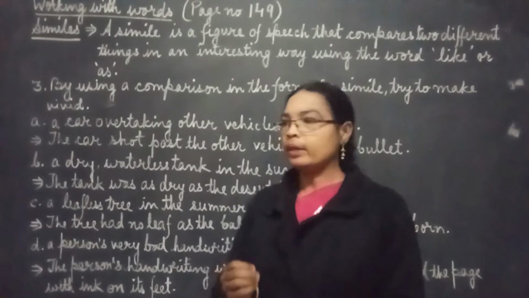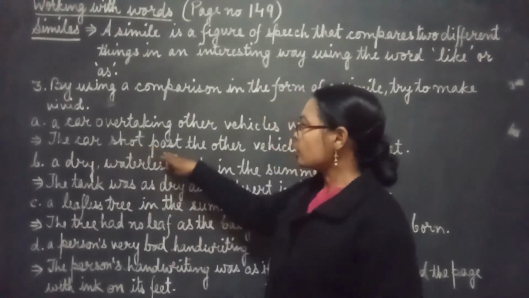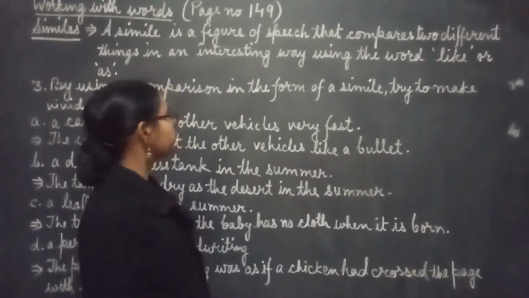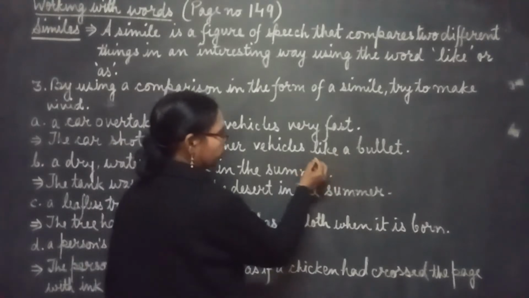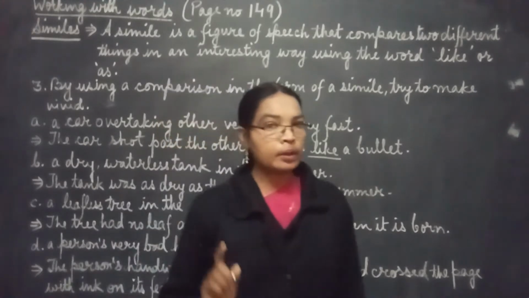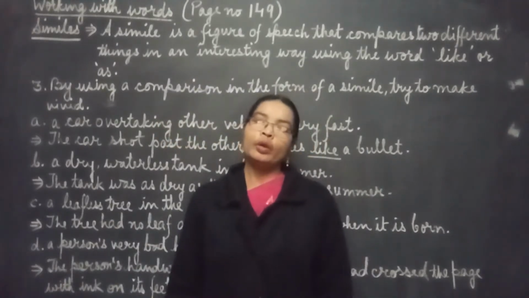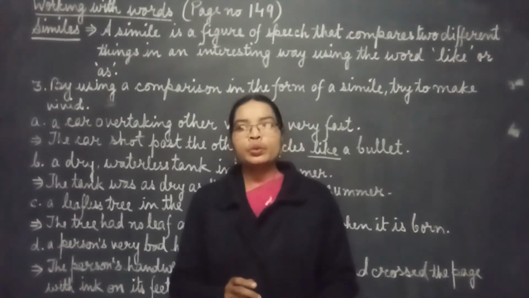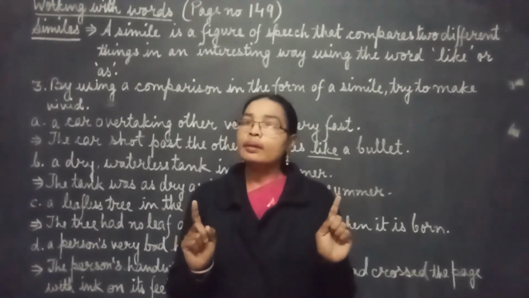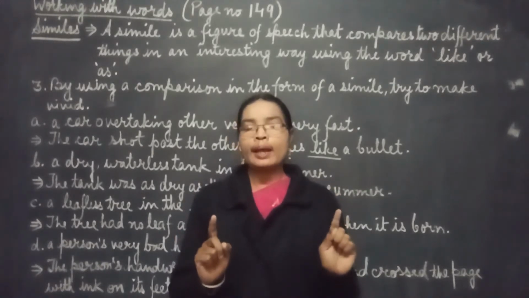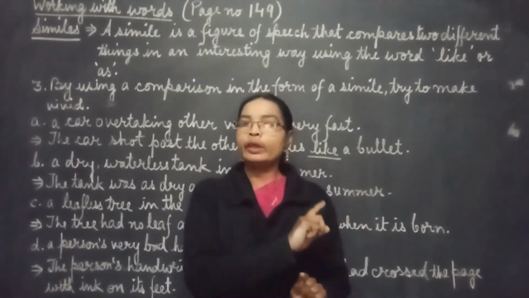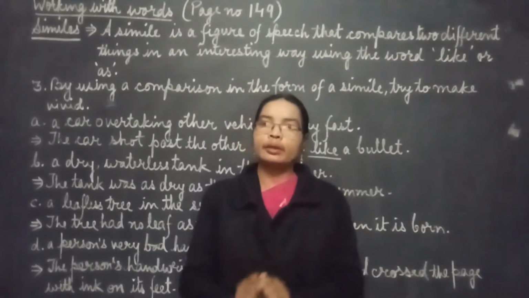Let us read our solution again. The car shot past the other vehicles. How? Like a bullet. Now, like is the word which is used in a simile to make two things similar. It is not the same, it is a different thing, but we can use like or as to make both things similar.